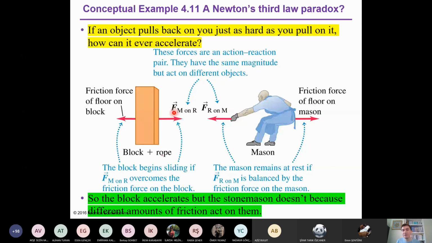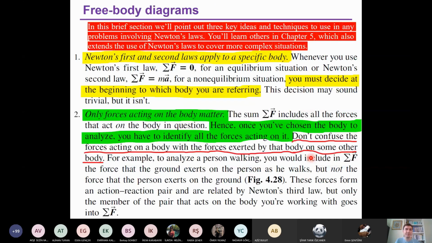So you cannot use this force for this object because this force does not act on the mason. This is the force applied by the mason. So you cannot use the forces applied by this object. Okay, this is explained here, and I will show you some examples. So this was the second important piece of information in free body diagrams.